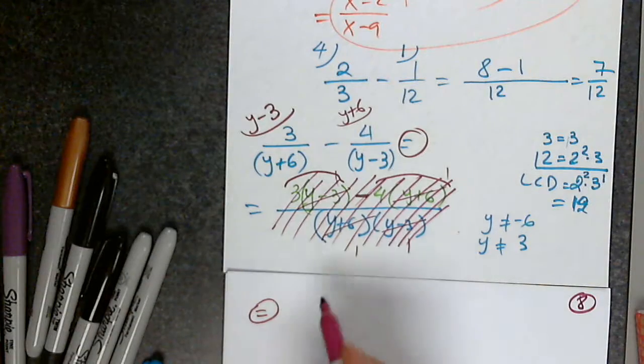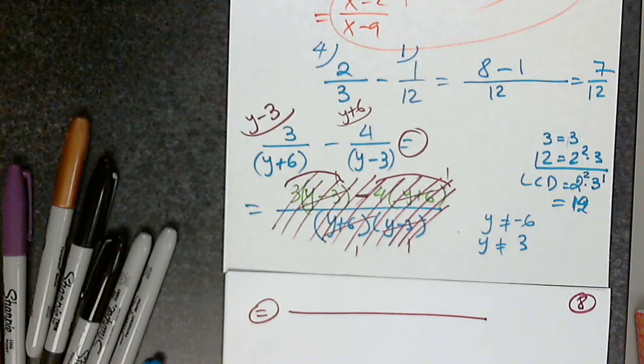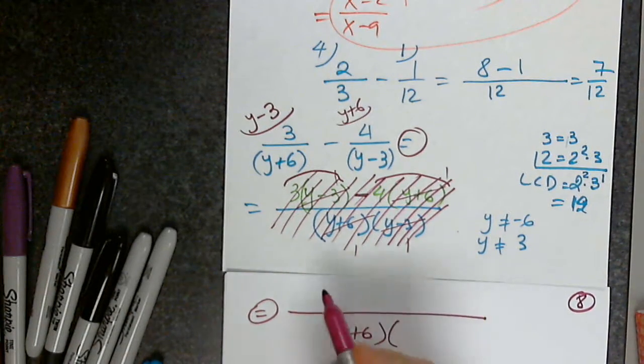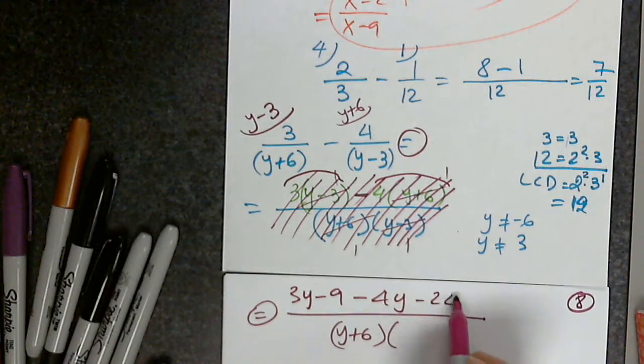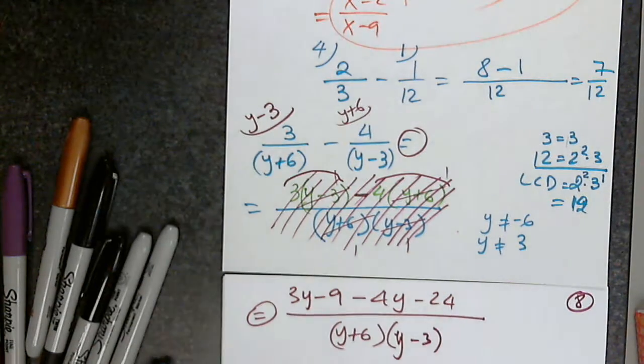So instead, I want you to perform the multiplication and give me the multiplied form. 3y minus 9. Exactly. Minus 4y minus 20. That's it. And now I'm hoping that no one will attempt to simplify anything, right?